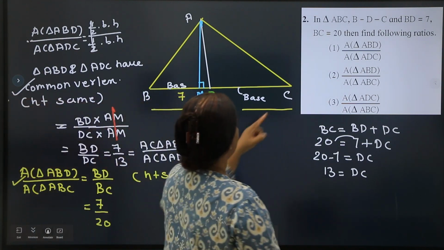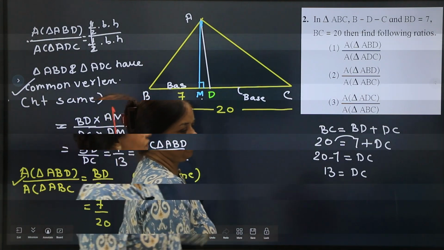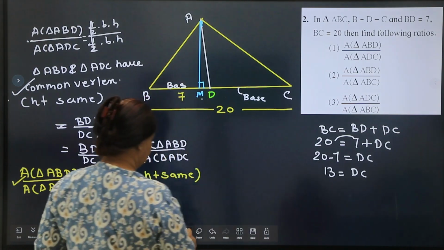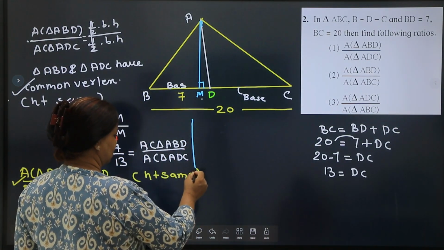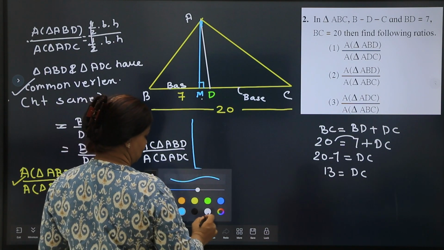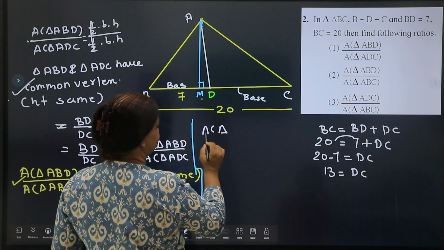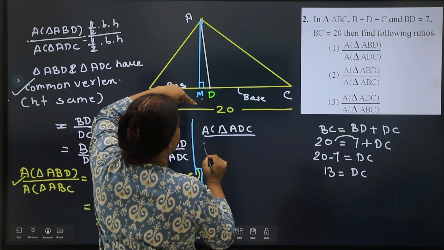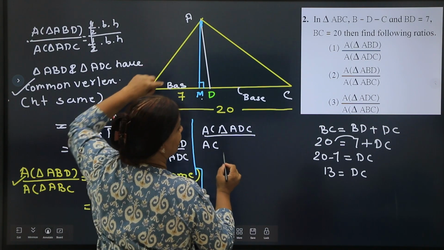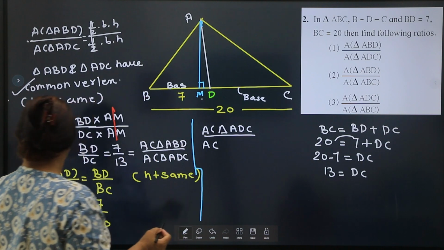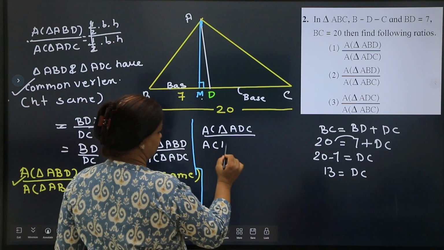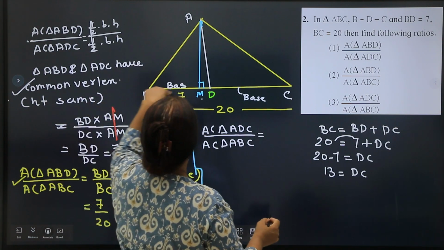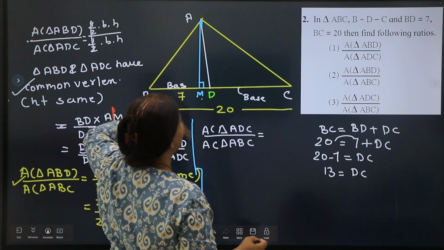Now the third thing is area of triangle ADC upon ABC. Area of triangle ADC upon area of triangle ABC. You see the figure, ADC height is AM, same height.